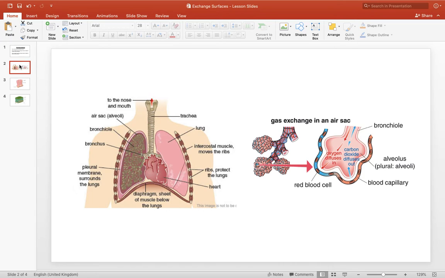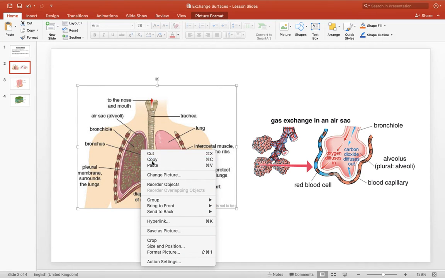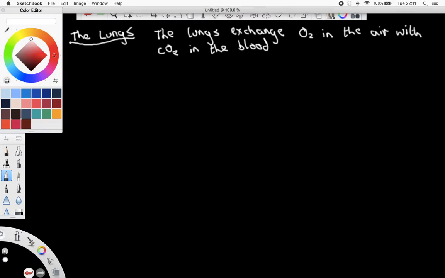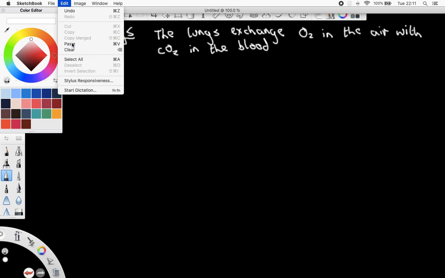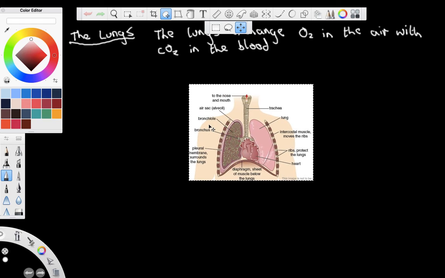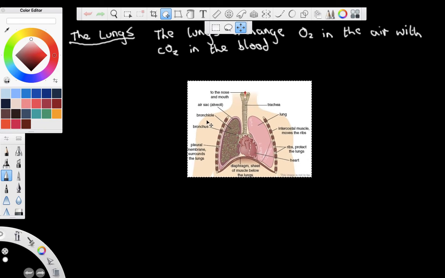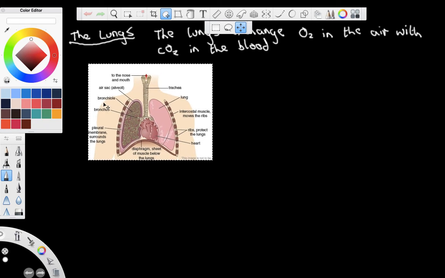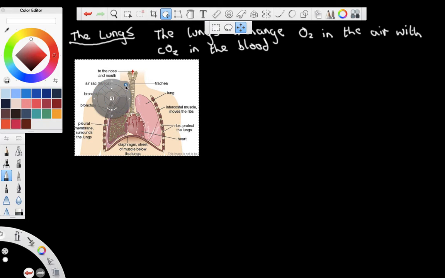Now if you look back at our PowerPoint, we've got some images which I'm going to post on here because they will be easy for me to label. So the lungs have inside of them something called alveoli, and they have millions of alveoli.